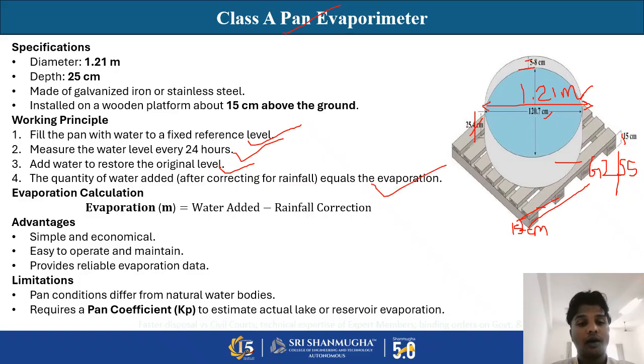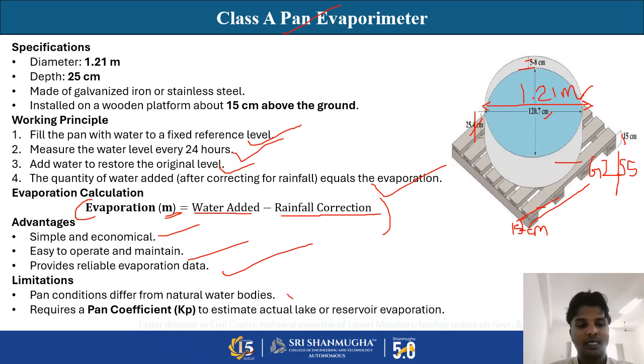So after correcting for rainfall, we add water to equalize the evaporation. The evaporation calculation formula is evaporation in meters of water added with rainfall correction. It is a simple and economical method, easy to operate and maintain, and provides reliable evaporation data. These are the advantages of the Class A pan evaporimeter.